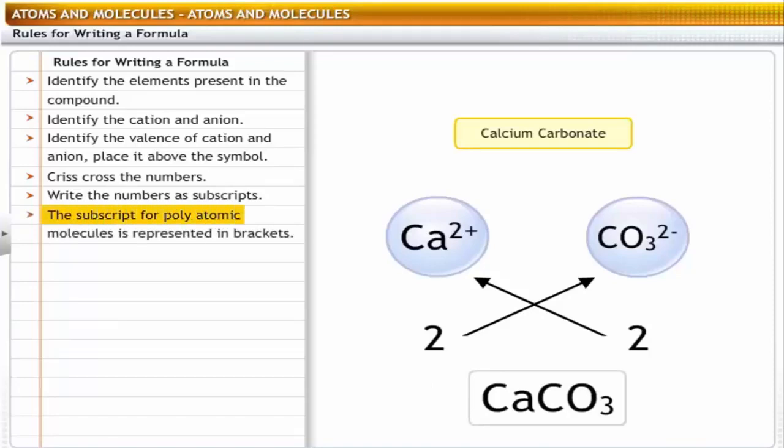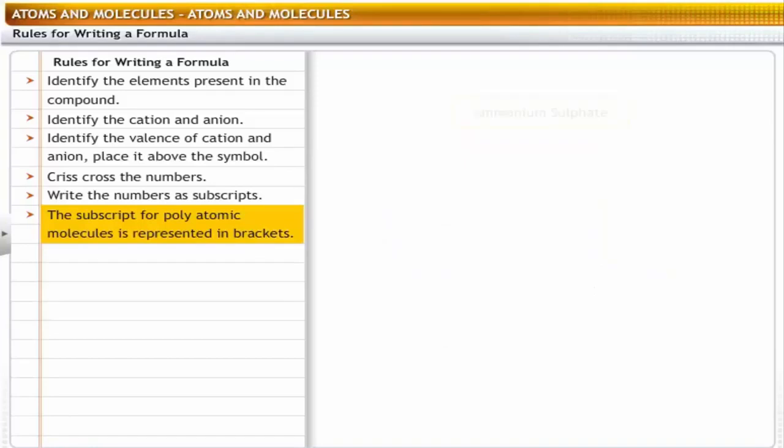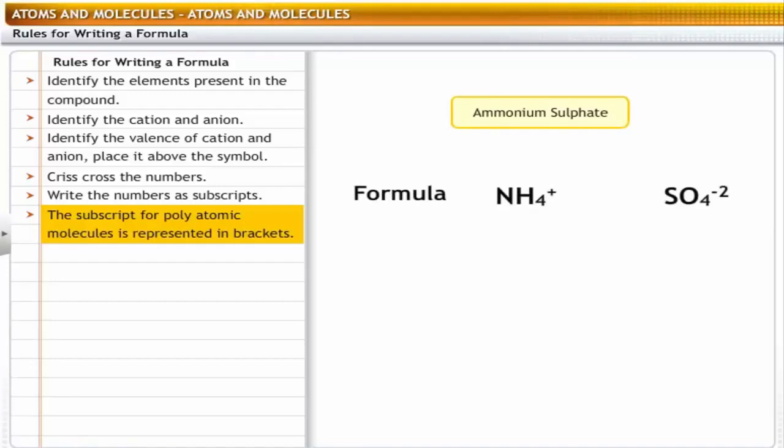For compounds formed with polyatomic ions, the ion is enclosed in a bracket before writing the number of units. For example, ammonium sulfate. It has both ammonium and sulfate ions. The valency of an ammonium ion is 1 and sulfate is 2.